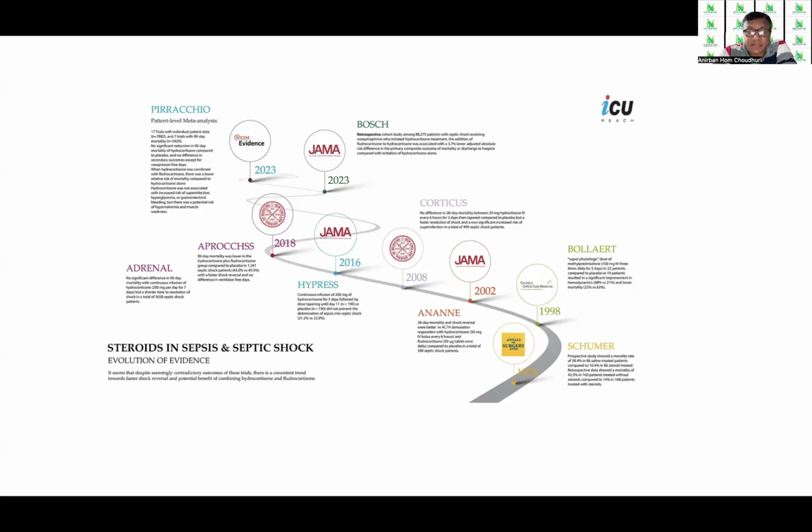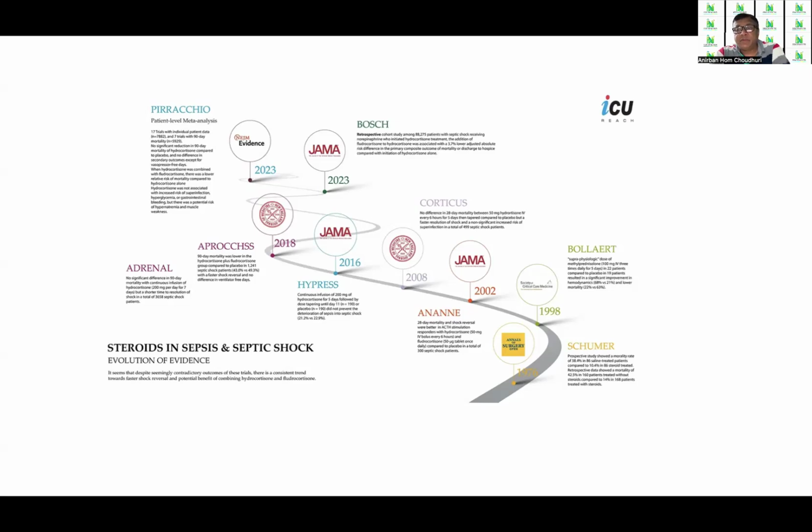The Bosch study was a retrospective cohort study in some 88,000 plus patients, where it was seen that among septic patients on norepinephrine who received hydrocortisone treatment, the addition of fludrocortisone was associated with a 3.7% lower adjusted absolute risk difference in the primary composite outcome of mortality or discharge to hospice, compared with initiation of hydrocortisone alone.